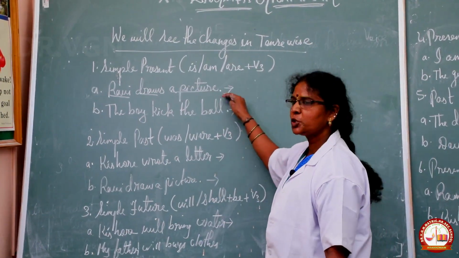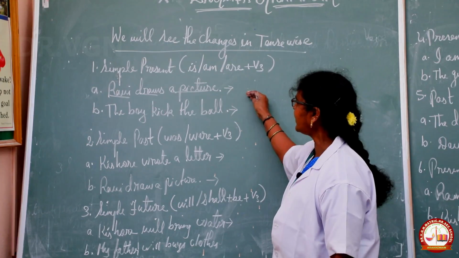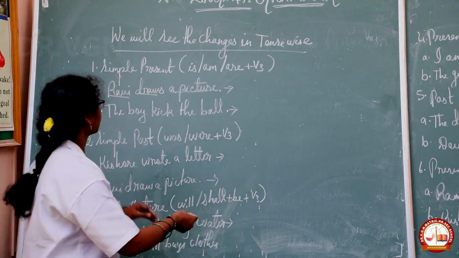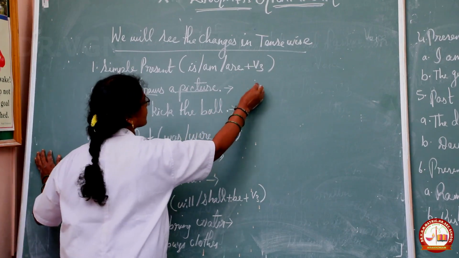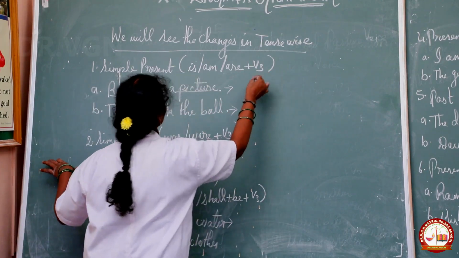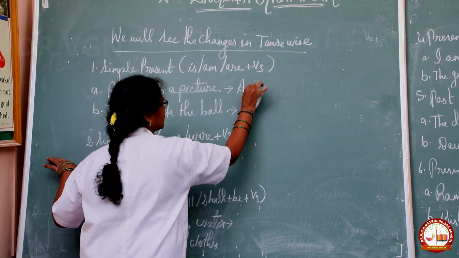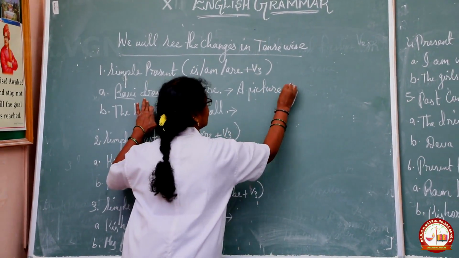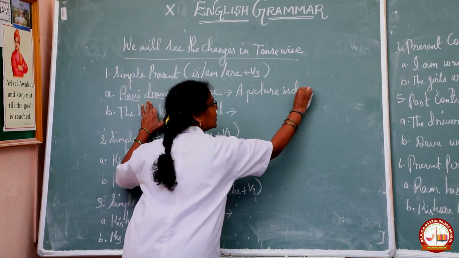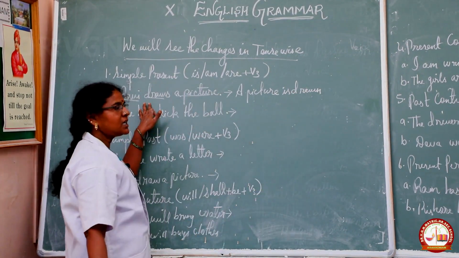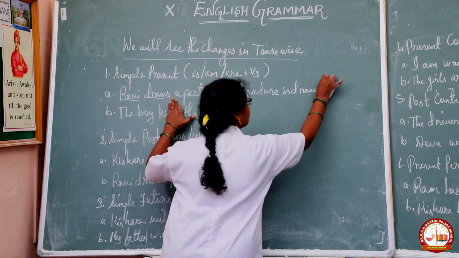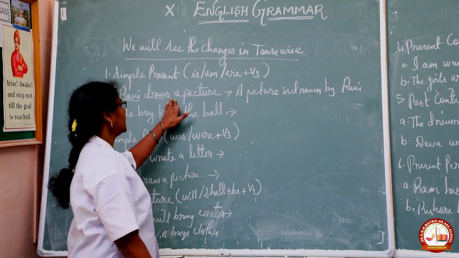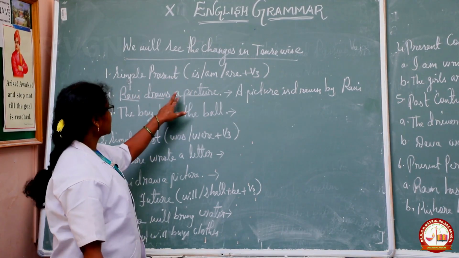Now you must change it into passive voice. So what is the format for the passive voice? A picture is drawn by Ravi. See here, Ravi draws a picture.